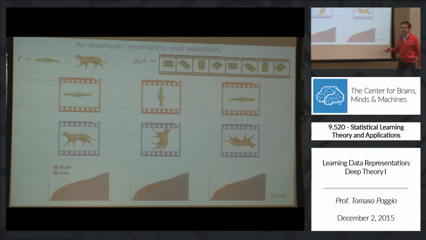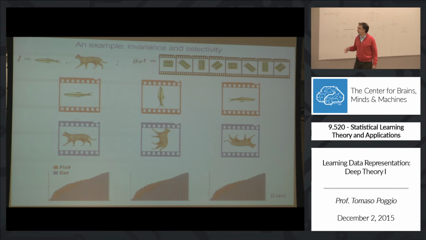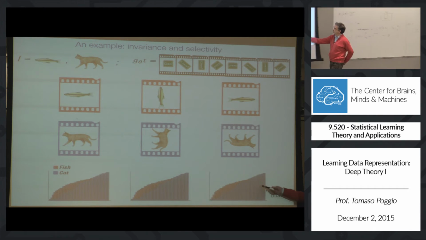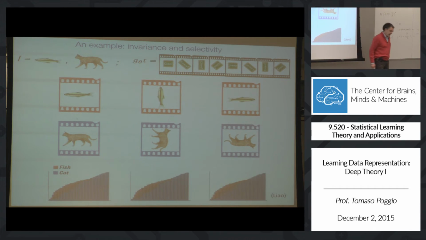If I do the dot products and then take the histograms with, say, the bike template, and the cat gives me a different histogram, which is also invariant to the rotation of the cat.